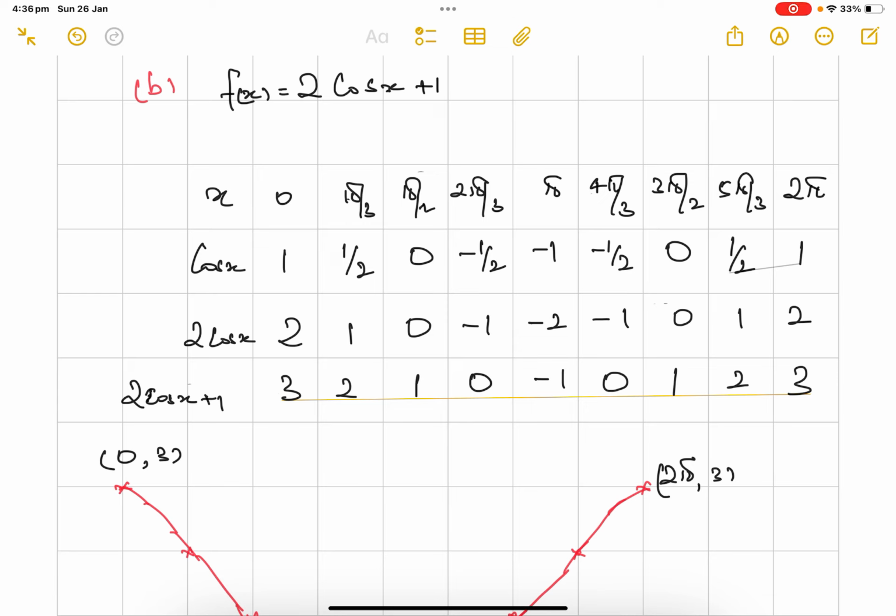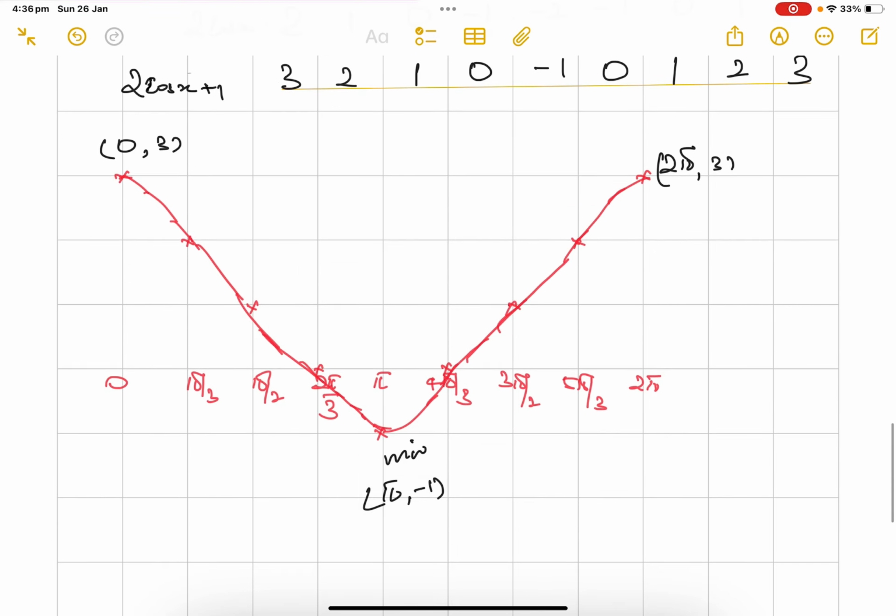Then 2 cos x plus 1 gives 3, 2, 1, 0, minus 1, 0, 1, 2, 3. So at 0 it is 3, at pi by 3 it is 2, at pi by 2 it is 1, at 2 pi by 3 it is 0, and at pi it is minus 1. Again, at 4 pi by 3 it is 0, at 3 pi by 2 it is 1, at 5 pi by 3 it is 2, and at 2 pi it is 3.